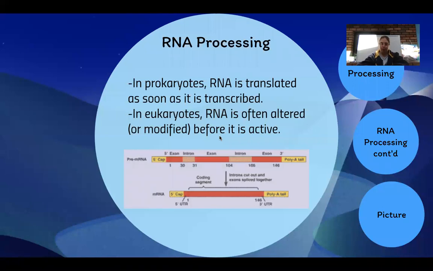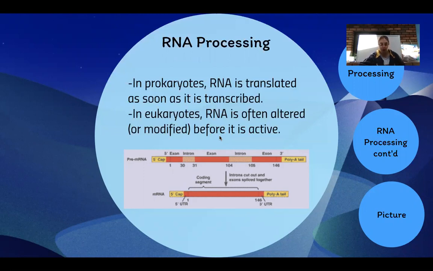Now, we're not done. Again, eukaryotic organisms are more complex than prokaryotes. So in bacteria, once the RNA is transcribed, it's immediately going to be translated, which is step 2 of protein synthesis. But we don't see that in eukaryotic organisms. What happens is we have to process the RNA.